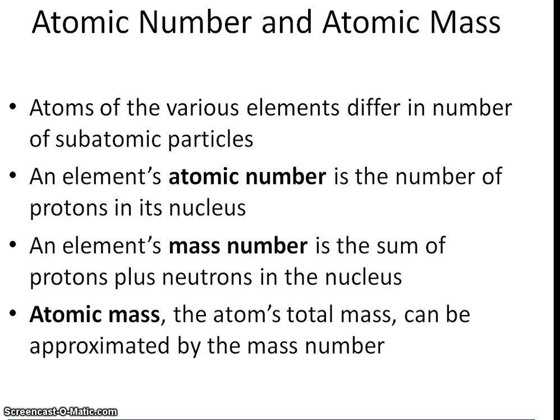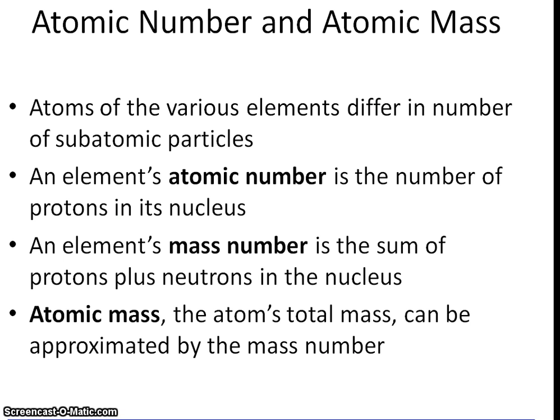Typically, unless it's an ion, this number is also indicative of the number of electrons, because in a normal atom, the number of protons and electrons typically are equal. So, for example, carbon's atomic number is 6 because it has 6 protons and it normally has 6 electrons as well. An element's mass number is the number of protons and neutrons in the nucleus.